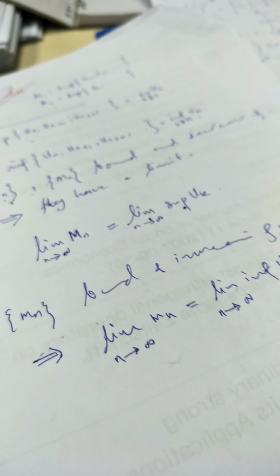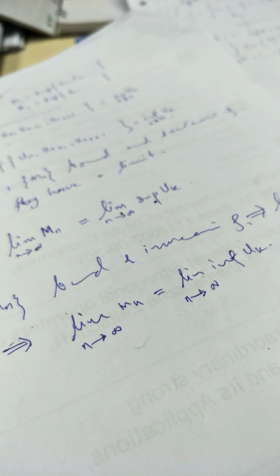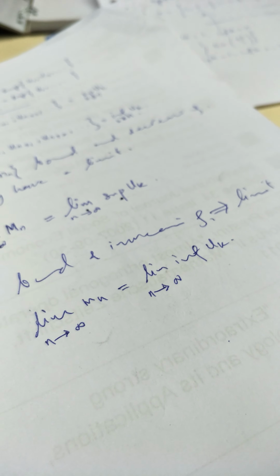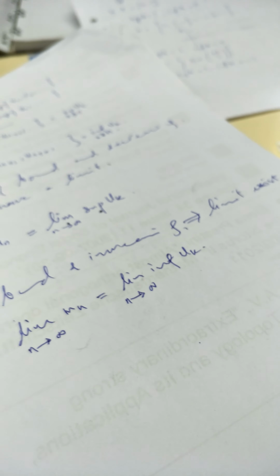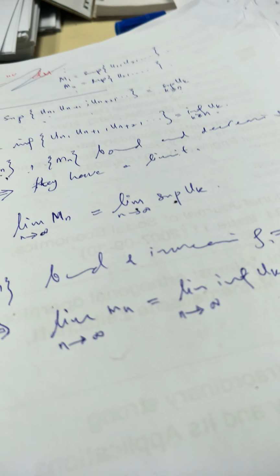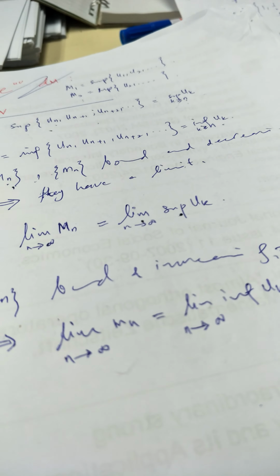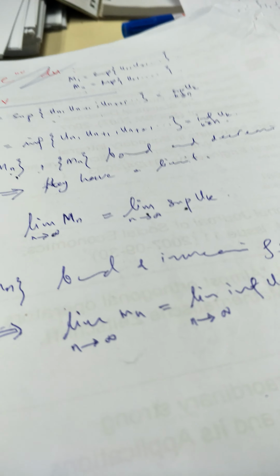So now I've introduced the concept of the supremum, the infimum, the limit of the infimum, and the limit of the supremum. Let's see a couple of examples of how to find the lim sup and lim inf for a given sequence.